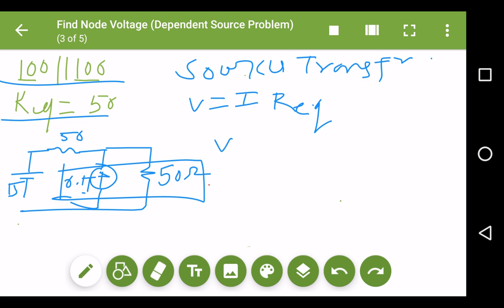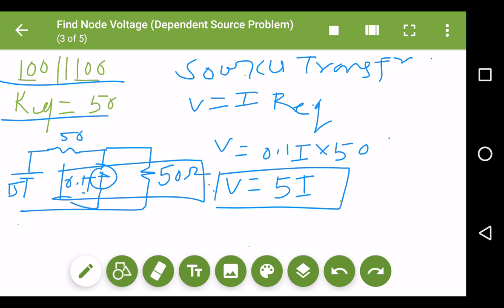So V is equal to 0.1 I into 50 ohms. So the voltage becomes 5I. This is my new voltage of 5I.